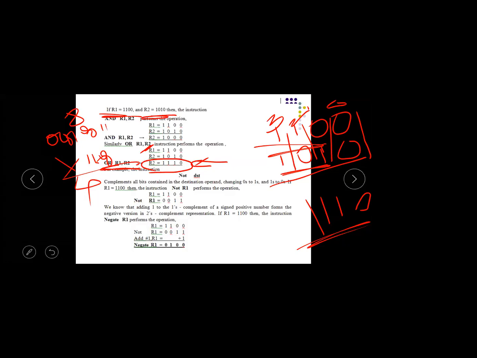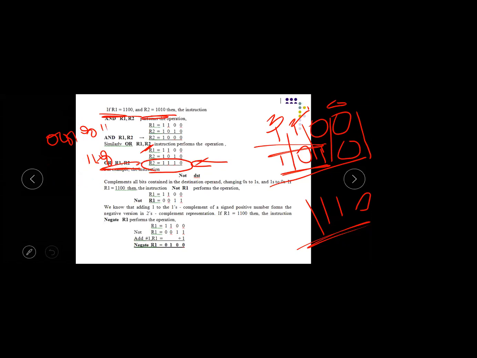Both the registers must have the same number of bits. Here also 8 bits. Then we can perform the AND operation, OR operation, or anything: XOR, XNOR, NAND like that. These are the AND operations.